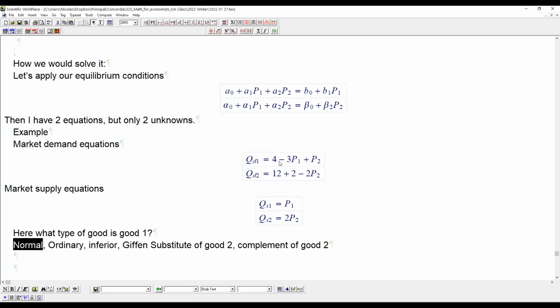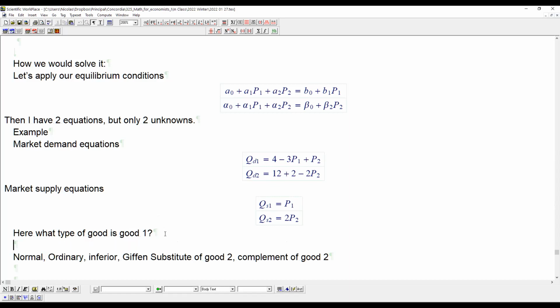So no, they're not independent. See, market one depends on market two, because there's P1 and P2 here. So normal good has to do with income elasticity, and all I see here is price. Is it ordinary? Ordinary good. Price.